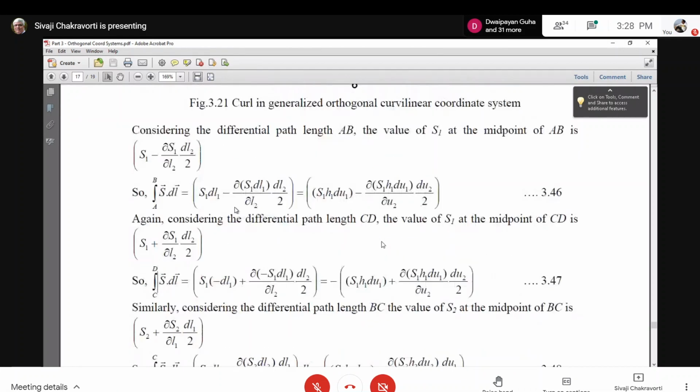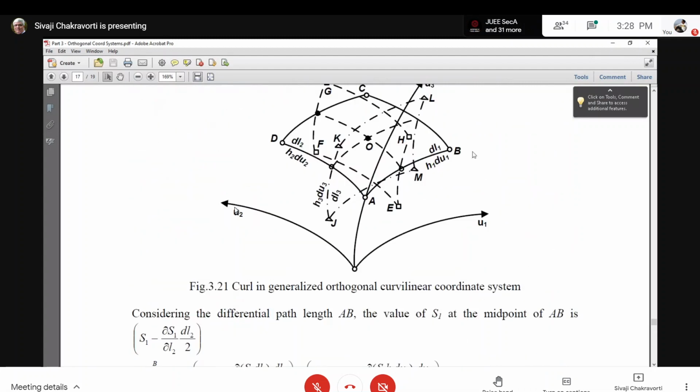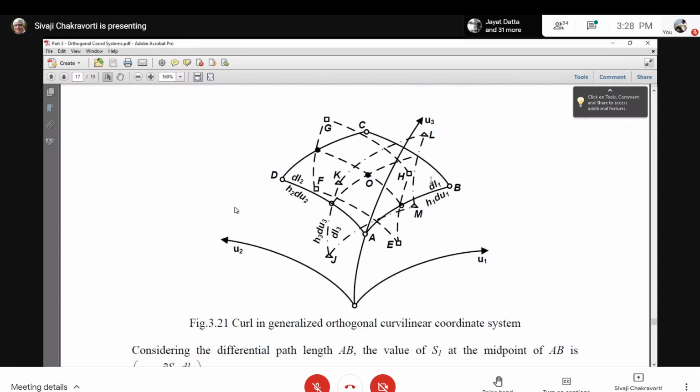So here the multiplication is by minus dl1: S1 is multiplied by minus dl1, and here also it is multiplied by minus dl1. So you get 3.47.